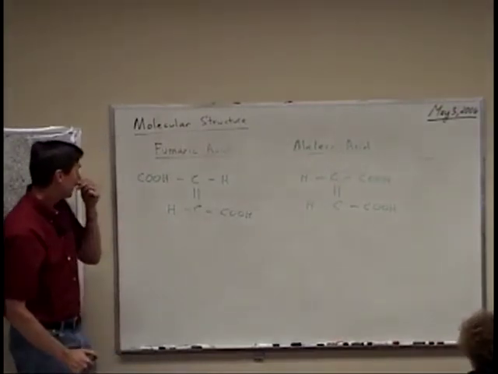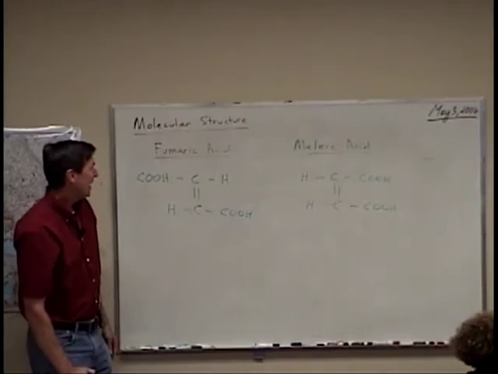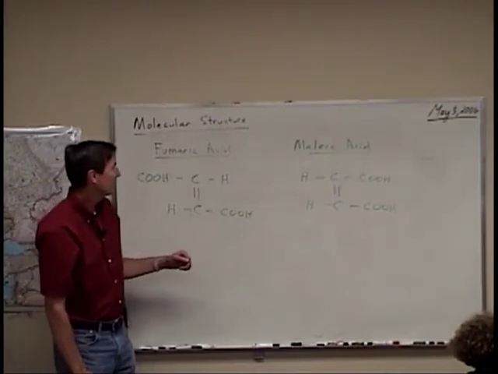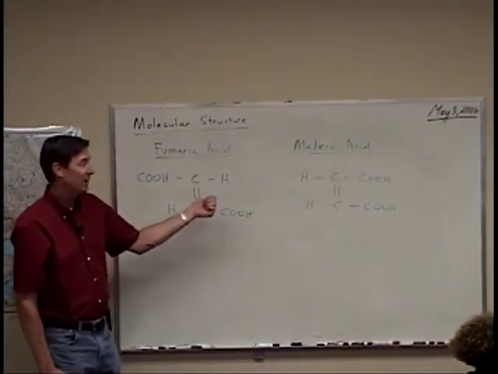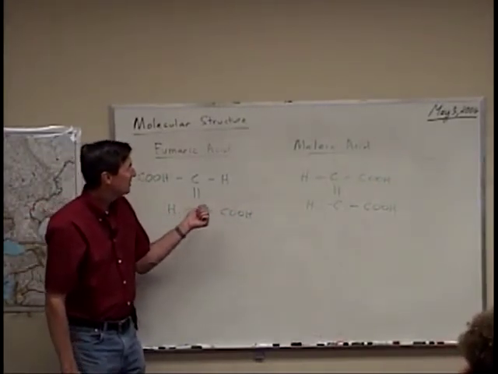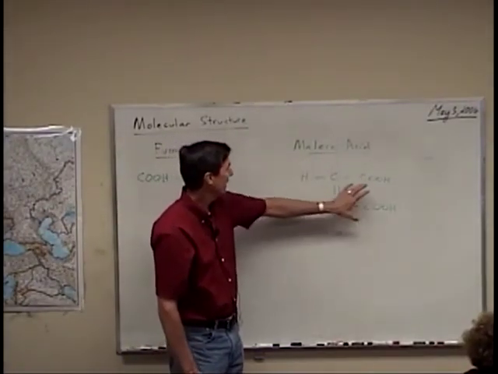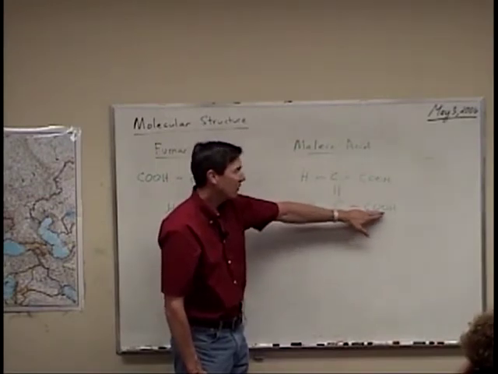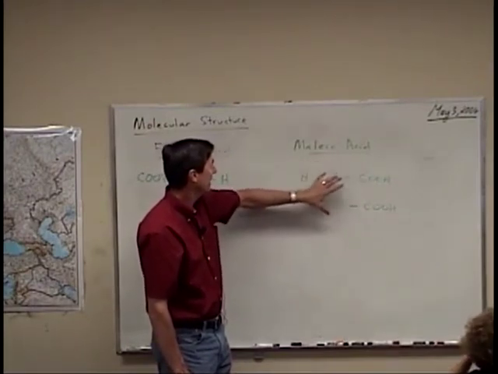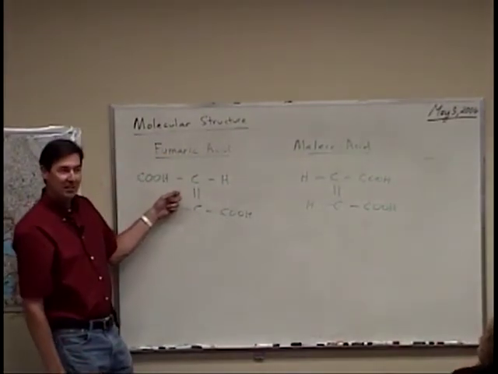Now, these are two cases of isomers. One of the reasons I thought this was also discovered by Van't Hoff, but what's interesting about this case is that he was able to figure out which of these acids must have the COOH groups on the same side, because the maleic acid undergoes a chemical reaction that the fumaric acid doesn't.